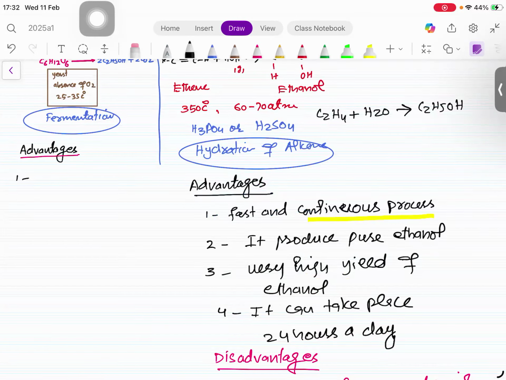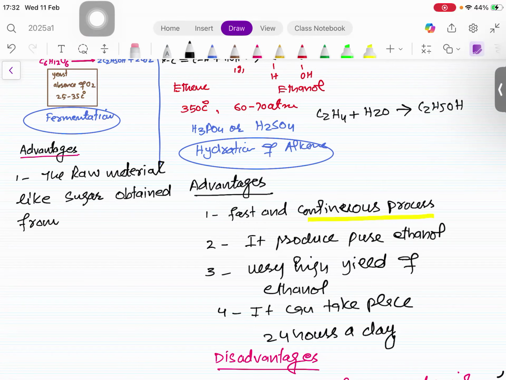Advantages. Number one, in fermentation, the raw materials, we are talking about glucose, the raw materials like sugar are obtained from renewable energy sources.